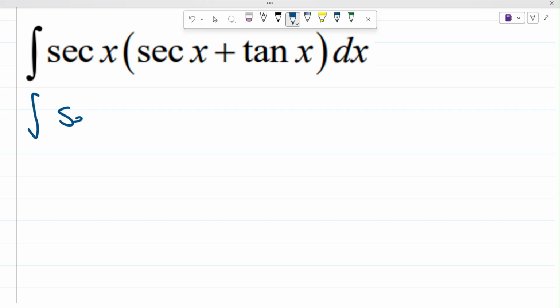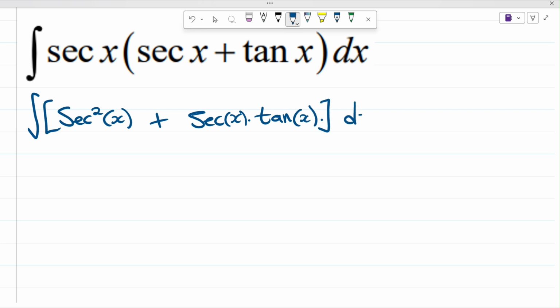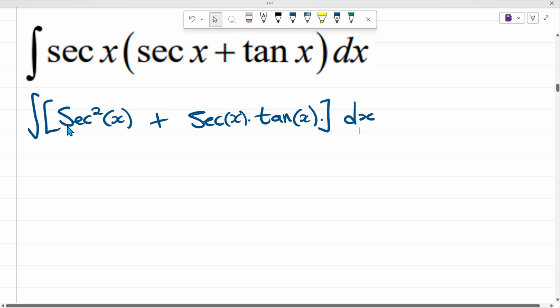So this is going to be sec multiplied by sec, it becomes sec squared of x. And then sec multiplied by tan becomes sec of x multiplied by tan of x. Then our dx there. Then it is nice, right? And then from there, we can either decide to split or not.